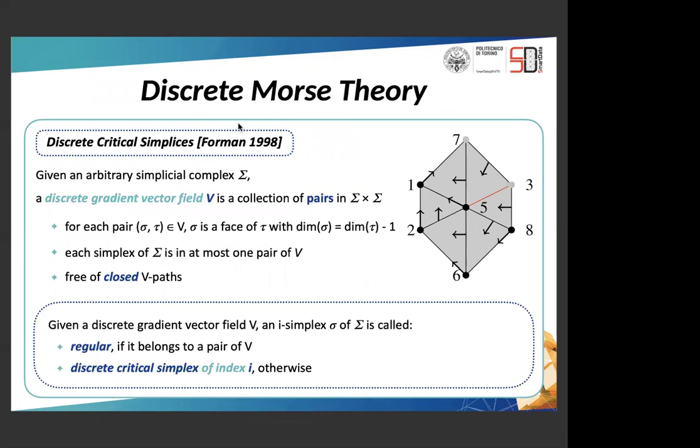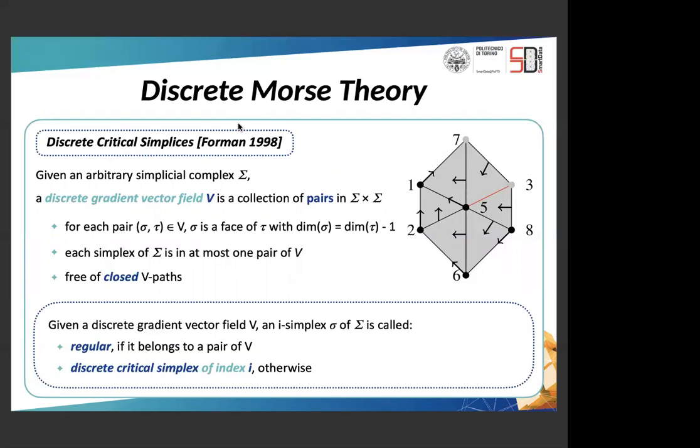As we mentioned, discrete Morse theory does not explicitly need a function to be defined, but it is based on the construction of a discrete gradient vector field, V, which is simply a collection of pairs of simplexes of our simplicial complex.